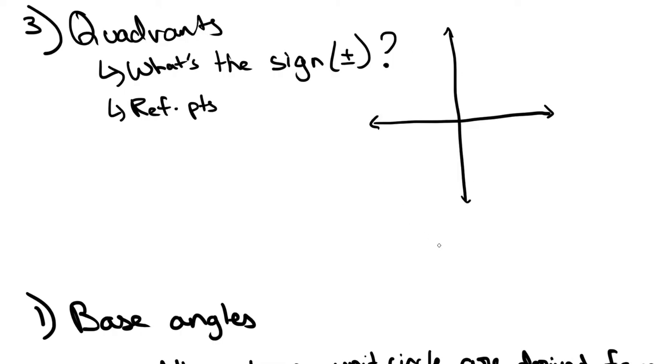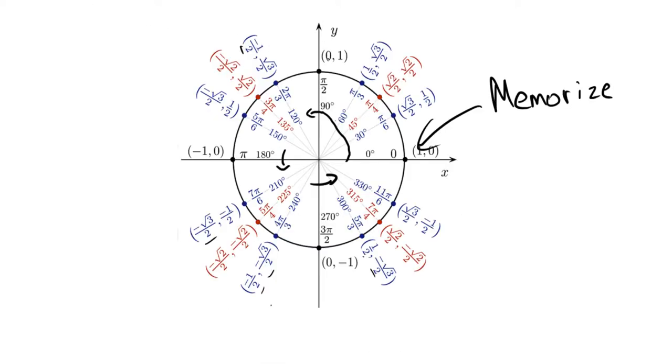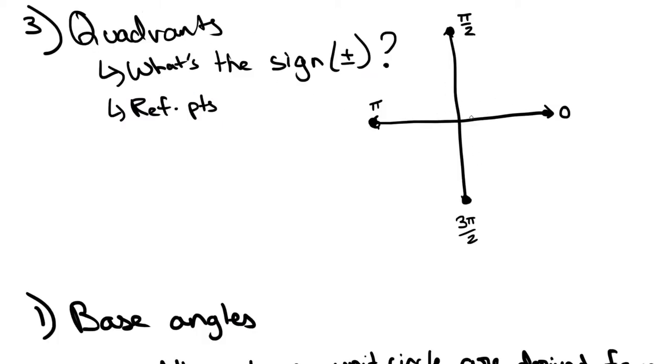Okay, so consider the unit circle in graph form. Over here you have 0, over here you have pi over 2, over here you have pi, and down here you have 3 pi over 2, which again you can get just by looking over here. That's pi over 2, pi, 3 pi over 2, and 0. So if it's over here, x is positive, y is positive.